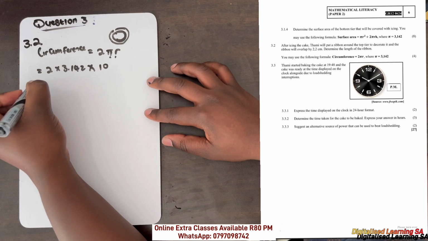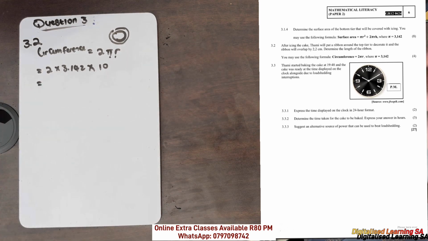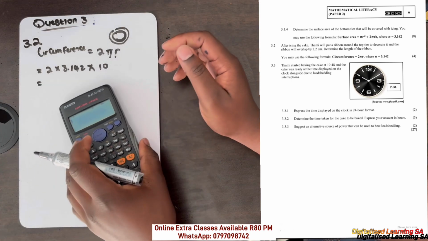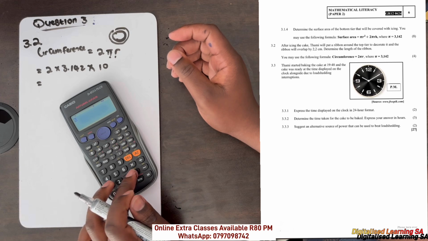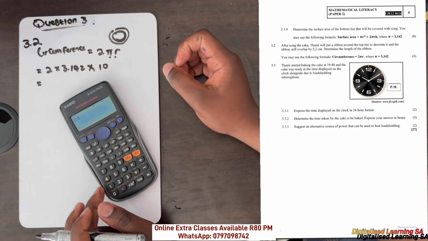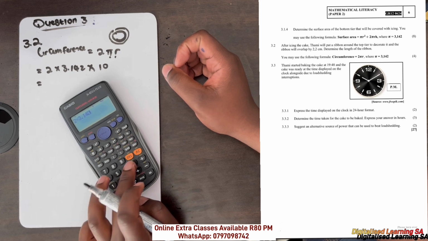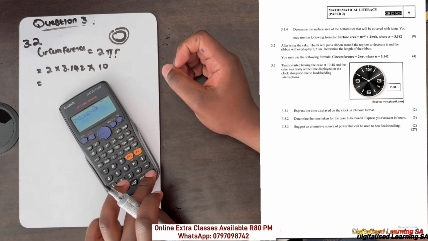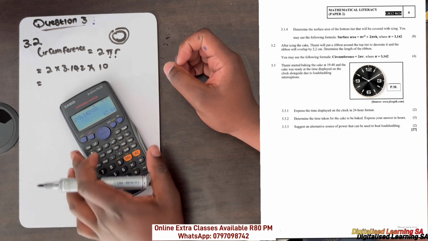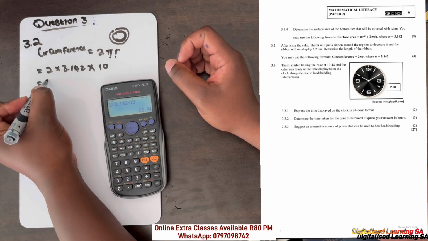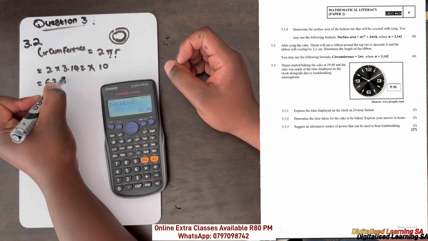Okay, and our answer will be 2 multiplied by 3.142 multiplied by 10, and it will be 62.84.